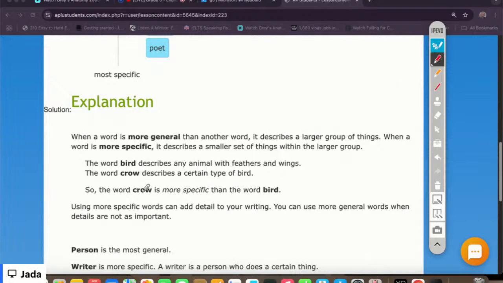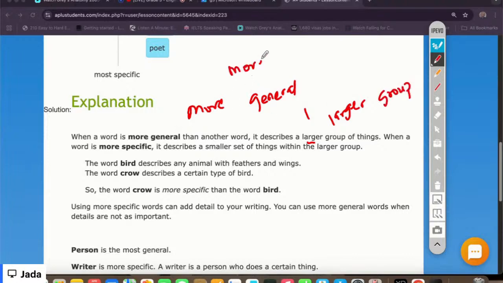Alright, so when a word is more general than another word, it describes a larger group of things. Okay? So more general describes a larger group. And then when the word is more specific, it describes what?